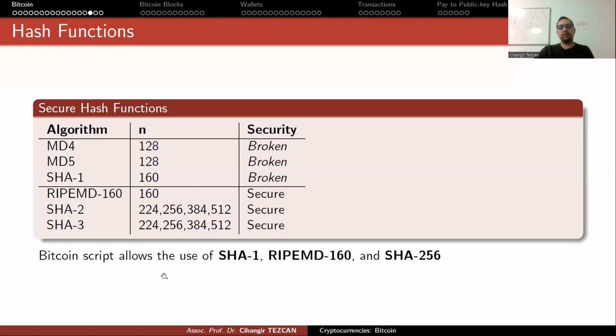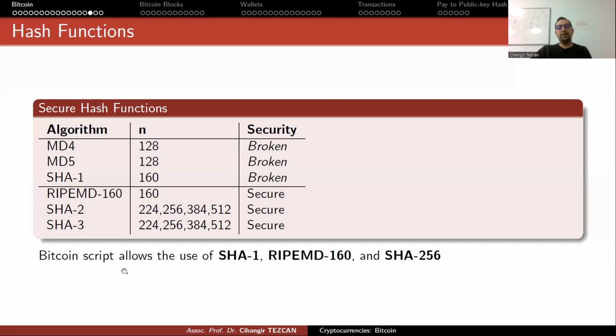So Bitcoin script allows the use of SHA-1, RIPEMD-160, and SHA-256, but actually every version of SHA-2 is allowed in Bitcoin. I say SHA-256 here because it is the most used version, but you can also use SHA-512 in Bitcoin if you want. So this is the tricky part.